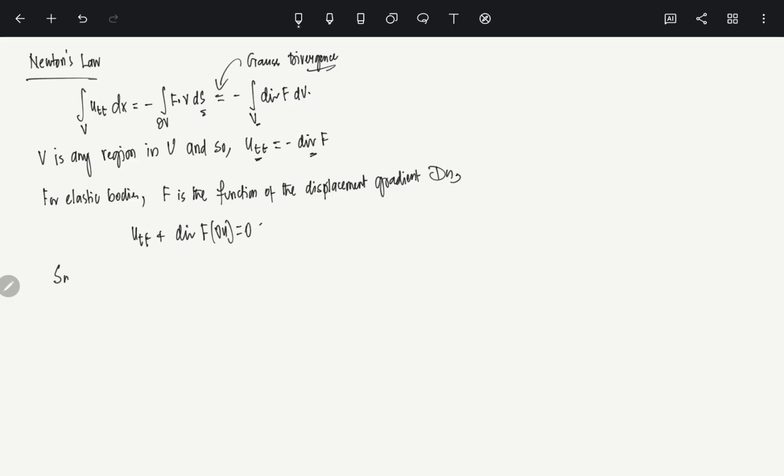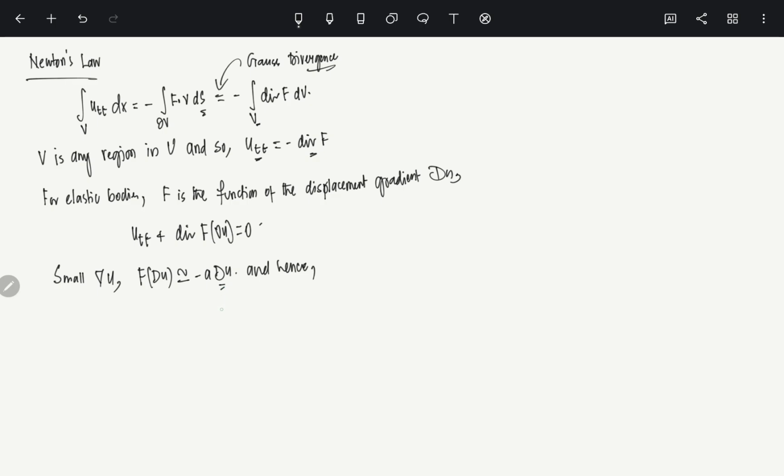Now for small gradient u, a small change in displacement, if you linearize this, f of del u works like minus a times del u. I hope this is clear. This is the idea of the derivative: in a small neighborhood of some point, if the function is differentiable, you can approximate it using its linear component. That's the idea we are using for small displacement.